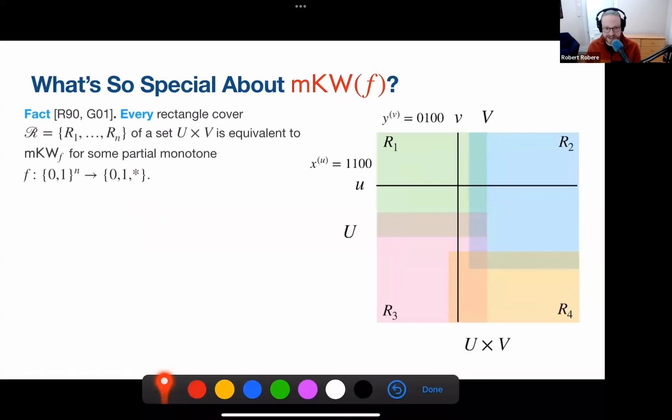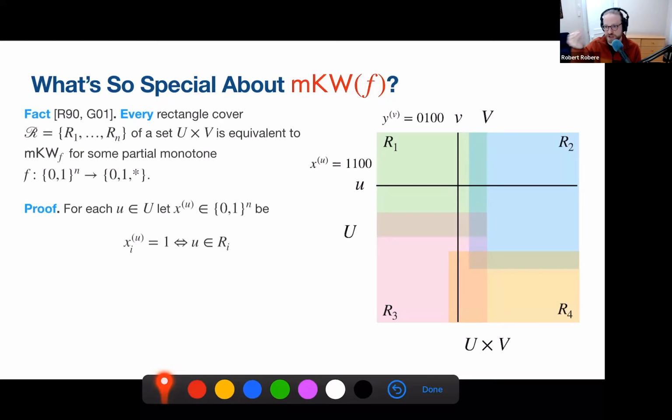Now, what's kind of amazing is that a sort of completeness result also holds here. Every rectangle cover of a set U cross V is equivalent to this monotone Karchmer-Wigderson game for some partial monotone Boolean function. This was essentially observed by Razborov in 1990, but it was formally pinned down by Anna Gál in 2001. So let's see what this looks like. If over here I have some search problem with some rectangle cover of it, how do I create a Boolean function such that the monotone Karchmer-Wigderson game corresponds to this search problem?